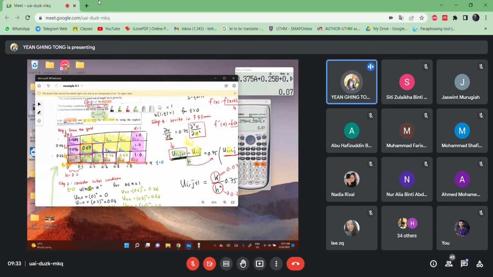So the value of A now, calculate again. A is 0.04, B adalah sini, U20 here, 0.16. And then continue with C is this one, 0.36. So you get this value, 0.19 here. U21 is 0.19.